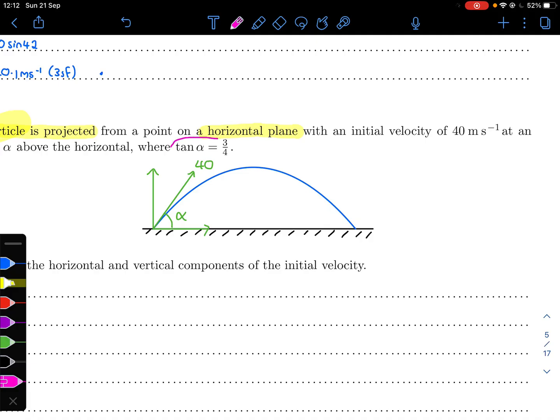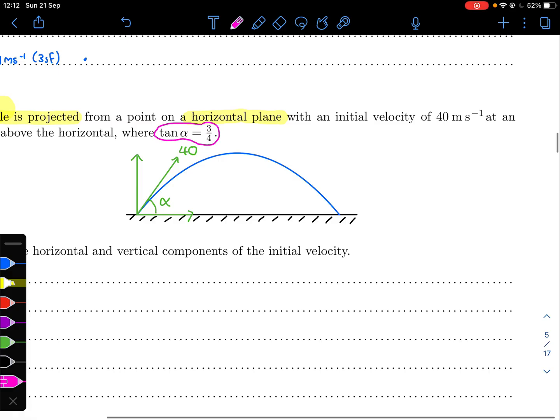So whenever you're given your angle as a trig ratio rather than just the pure angle, the way to use that is to consider a right angle triangle.